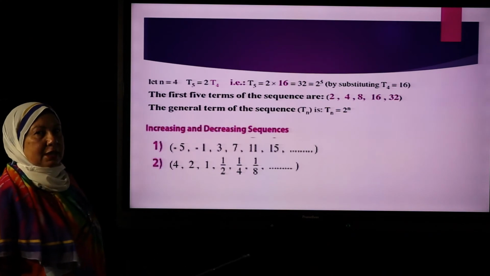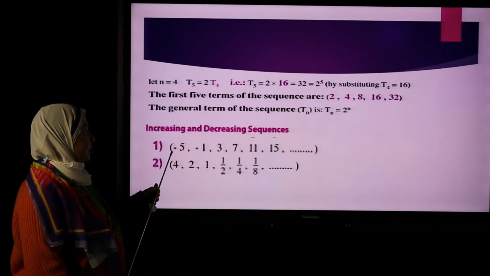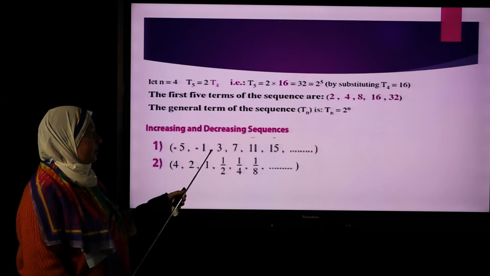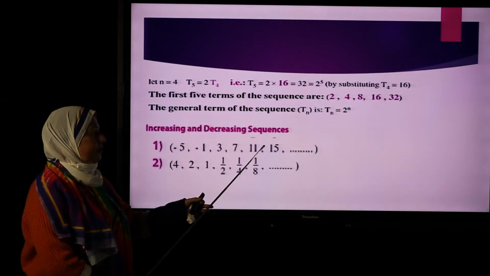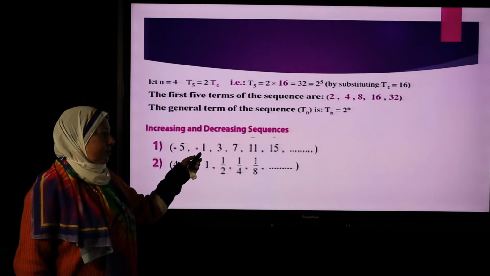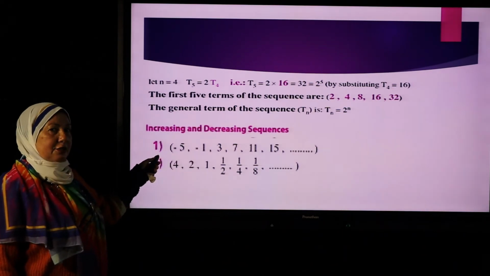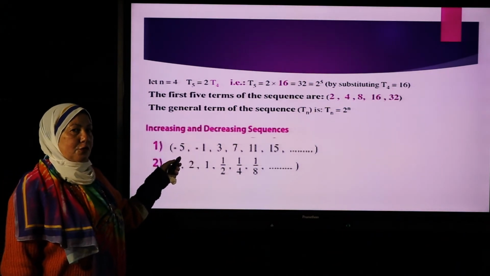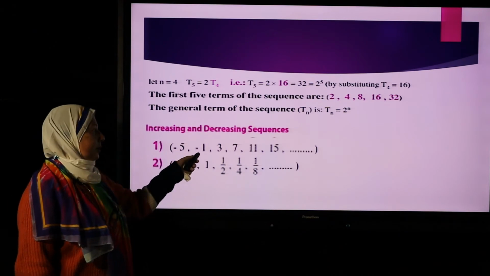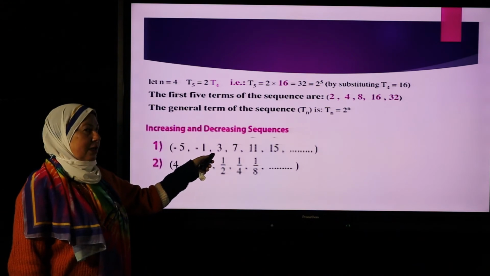Increasing or decreasing sequence. Let the sequence be -5, -1, 3, 7, 11, 15. The second term minus the first term, -1 minus -5 equals 4, a positive number. 3 minus -1 equals 4.